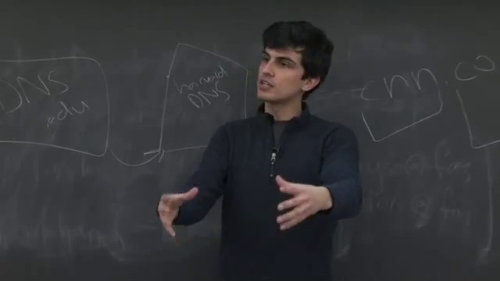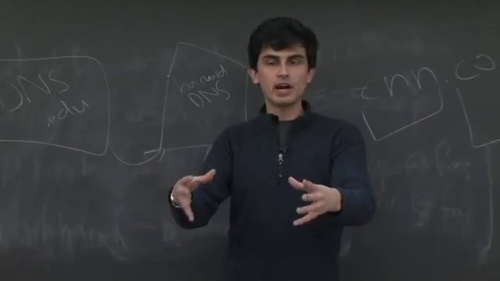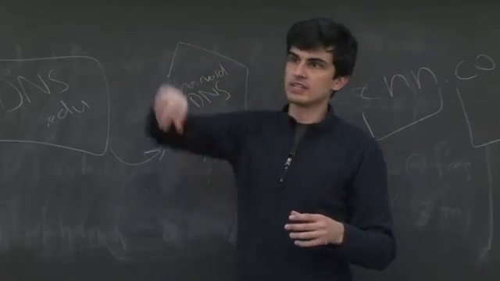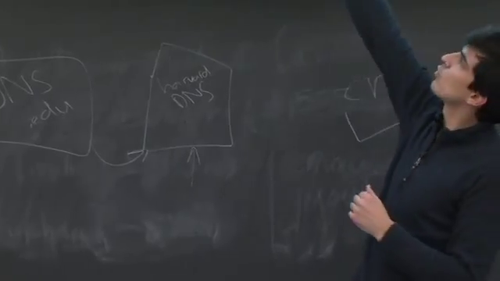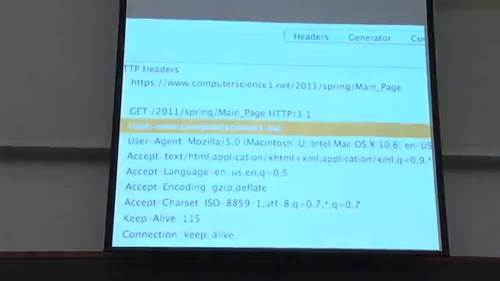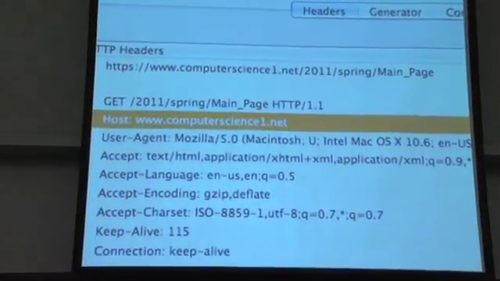So if one computer is a web server, how does that computer know which domain you are actually requesting? It's using this request right here. So I'm telling this server, okay, you might be hosting a whole bunch of other web pages, but I want the main page from computerscience1.net.